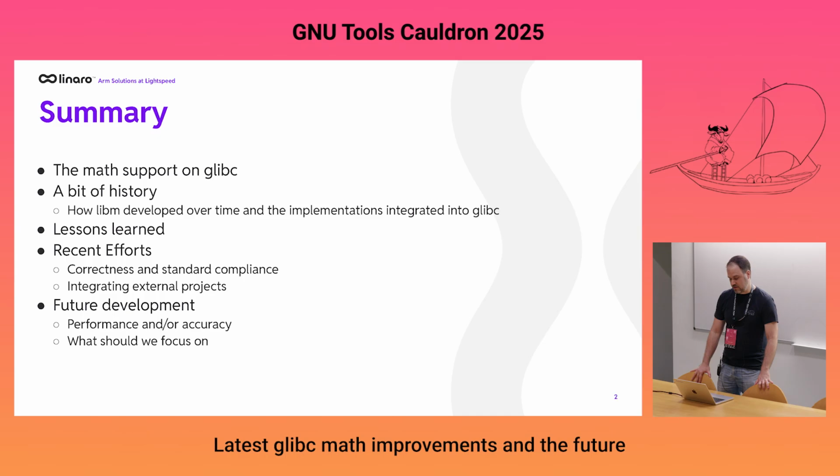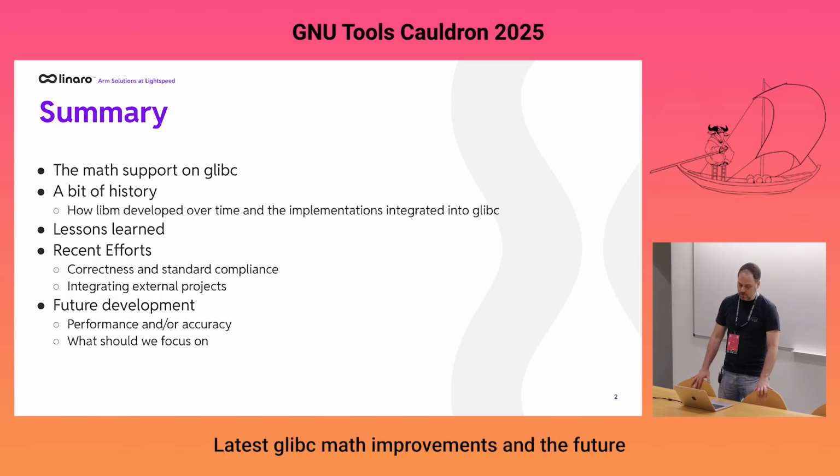And the fourth part is the most recent work that we've been doing. The whole idea is correctness and standard compliance mode in all the math library and the adjacent libraries, and how we plan to integrate new projects and new algorithms to improve both correctness and performance.